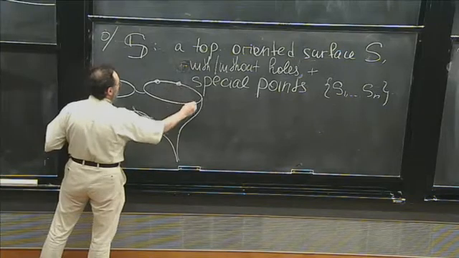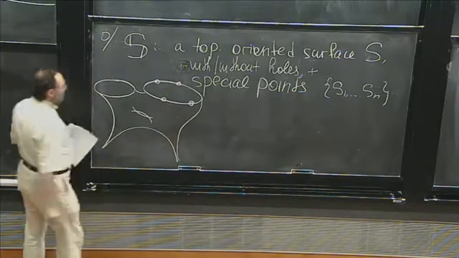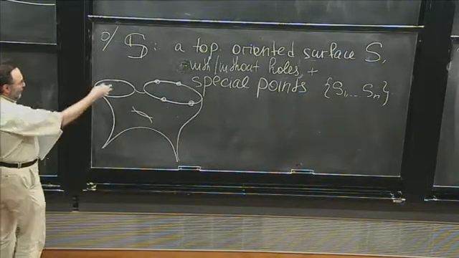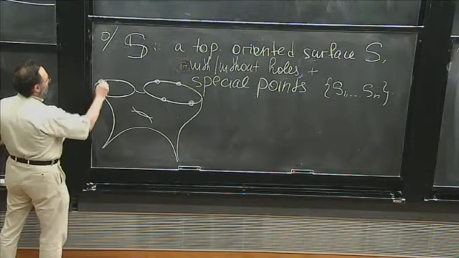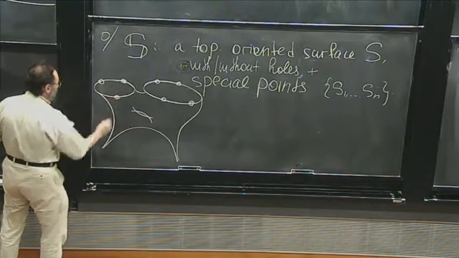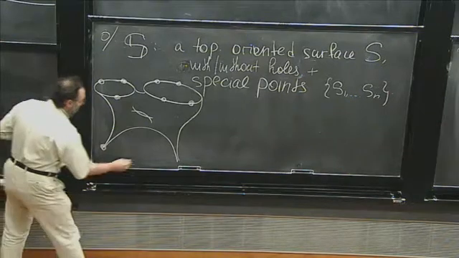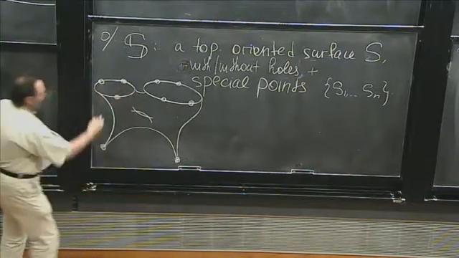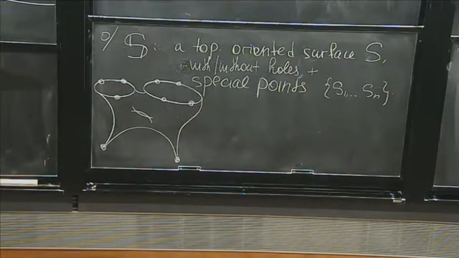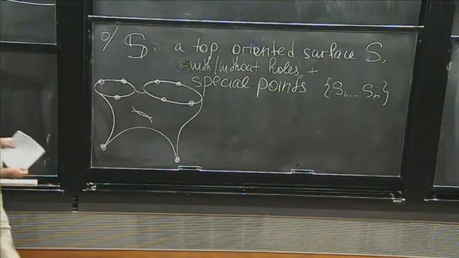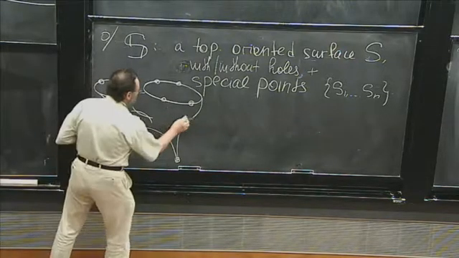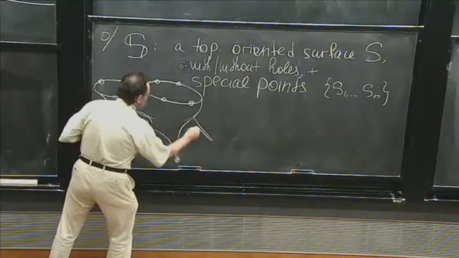Actually, it's assumed that if there is a hole, there are special points there. Otherwise, the hole will be drawn as a puncture. And so it's pictured like that. Once again, inside I don't put special points, because if I put a special point, let's say somewhere here, this means immediately that I think about this as a puncture.